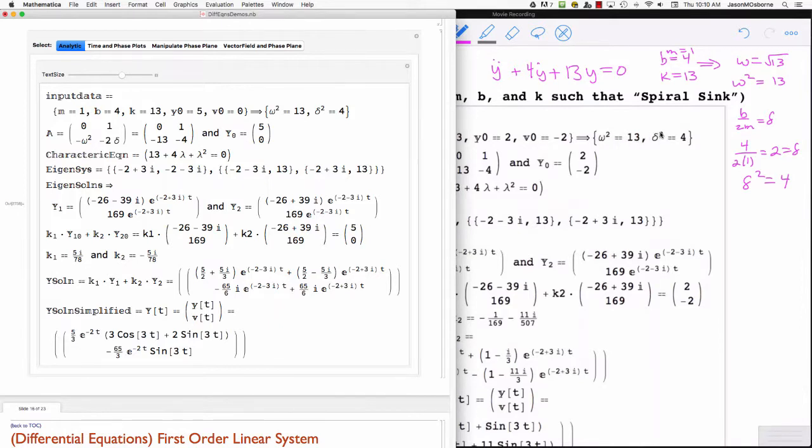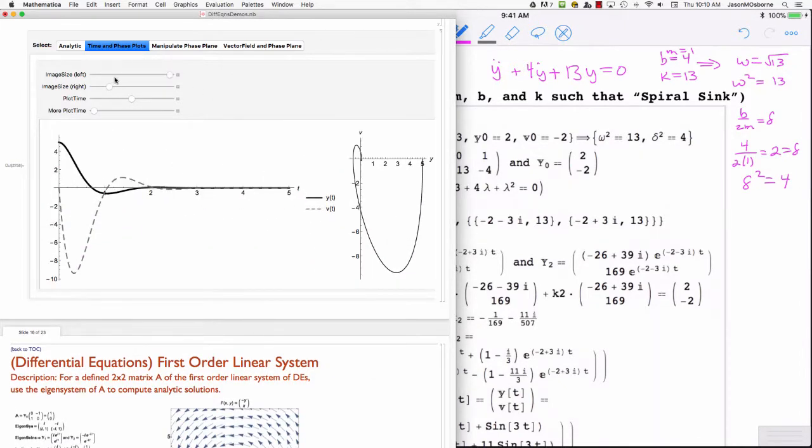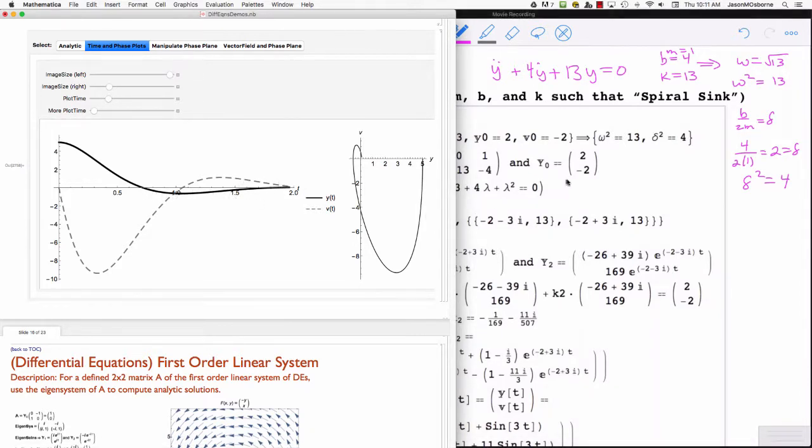You then know that the solutions are going to be oscillations. Let's zoom in on this plot a little bit and bring the plot time down a little bit. What we're seeing here are oscillations for y, and the oscillations are getting smaller and smaller because of the damping delta term.